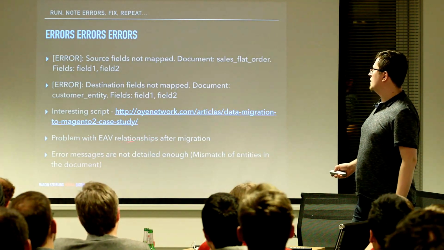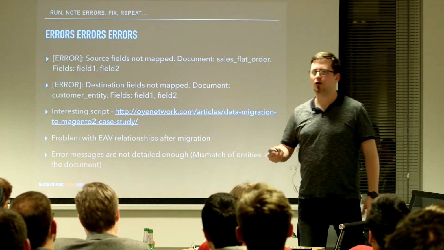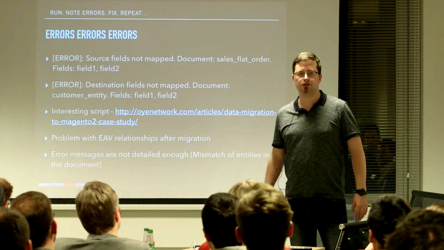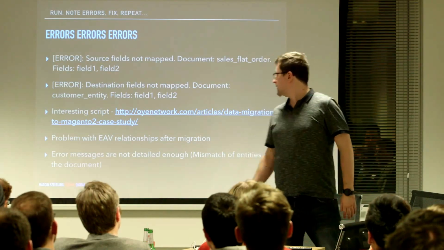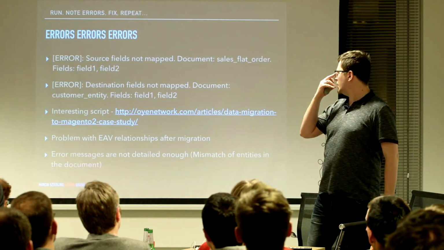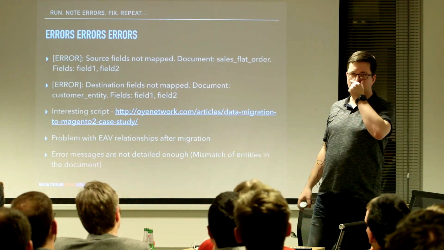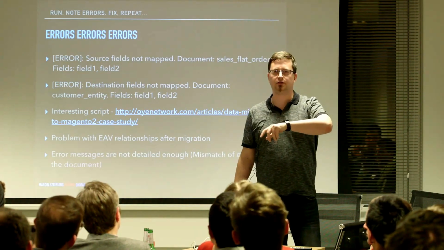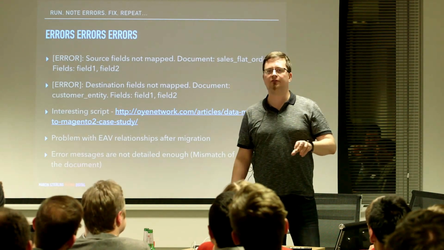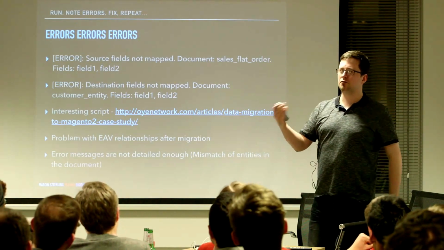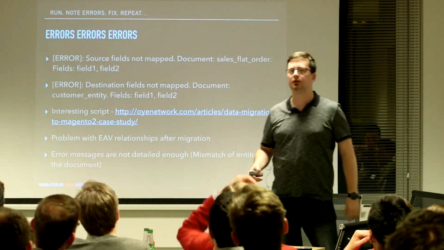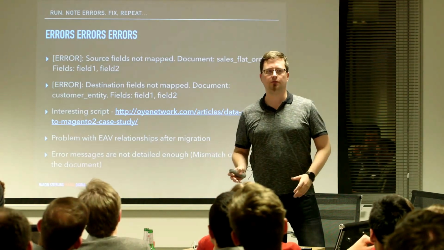The biggest problem I found with this tool is, and I actually opened a Git issue with Magento, I think like 9 days ago. It didn't respond yet. There's a serious problem with EAV relationships after migration. So as I said, there's no automated tool to verify your data. And after migration, especially if you migrate to enterprise, where attributes are different and there are some additional attributes, the website will be completely broken.